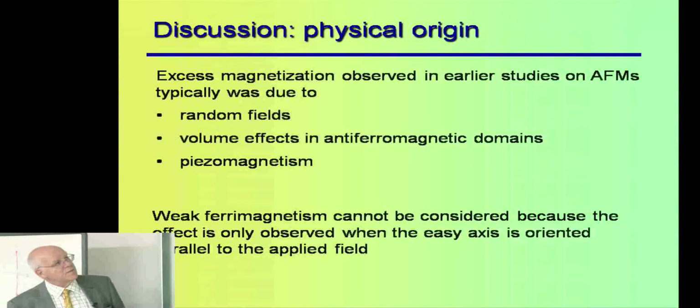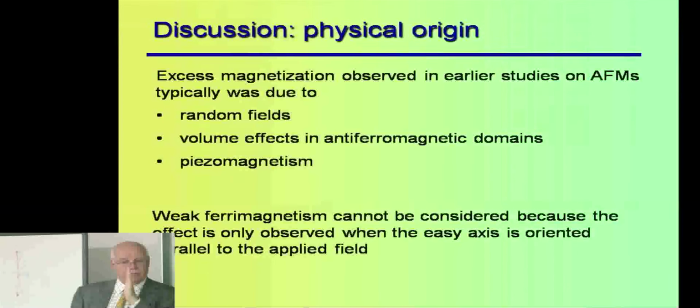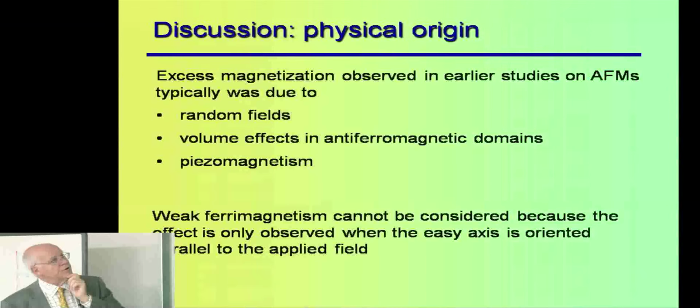We are not measuring in the perpendicular direction. And we took very good care to align the crystal parallel to the applied field and in the direction of the antiferromagnetic alignment. So these are possibilities. So we have to look whether this is at the origin of our phenomena or not.